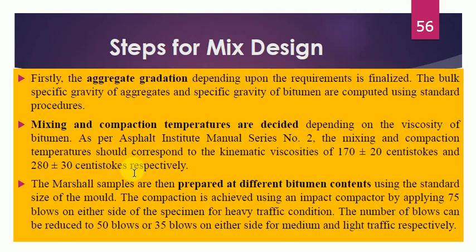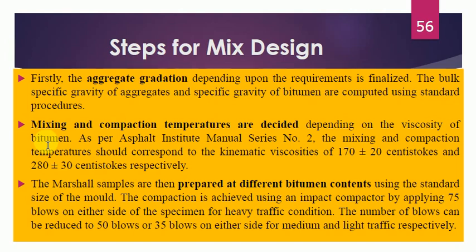So next, after selection of the mixing and compaction temperature, it is the process we have to follow for the preparation of test specimens. The Marshall specimens are prepared at different bitumen contents, meaning we first have to make trial bitumen contents. Suppose we have considered 3 bitumen content values, 5%, 6%, 7%. As per the MORTH code, for every gradation they have given a certain bitumen content value.